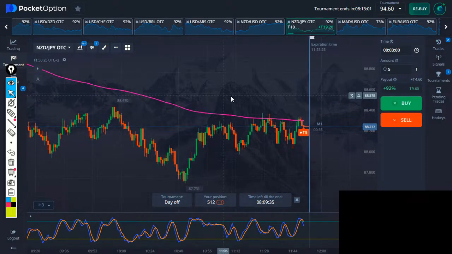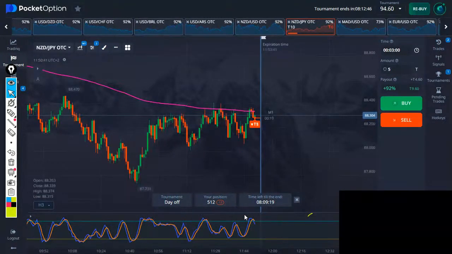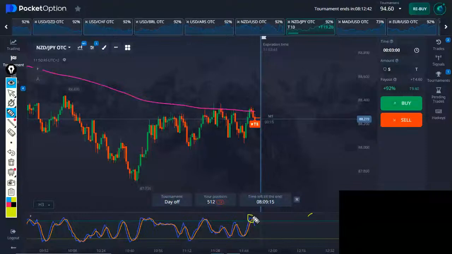first, confirmation. You have the price moving below the 200 EMA. Second, confirmation. The stochastic oscillator reached the overbought level over here, and we have a clean cross of both lines to the downside.